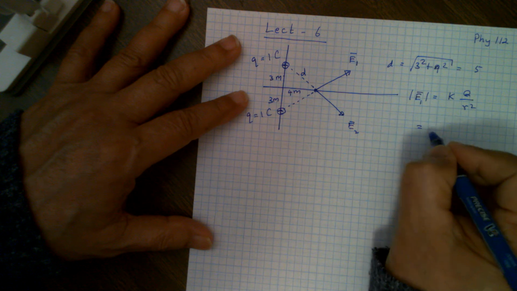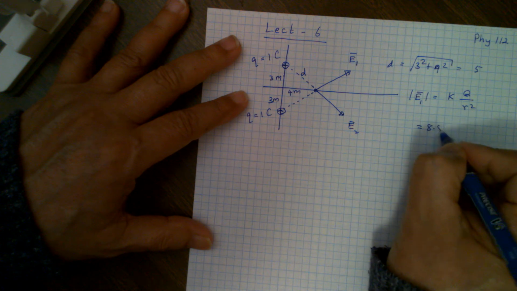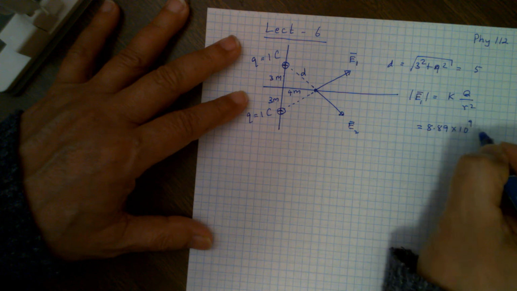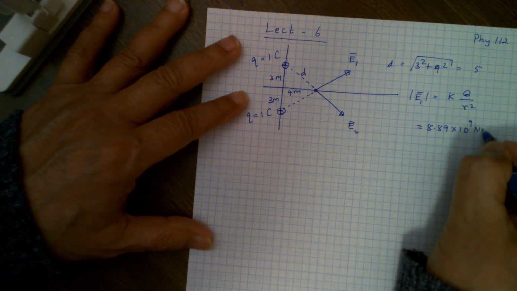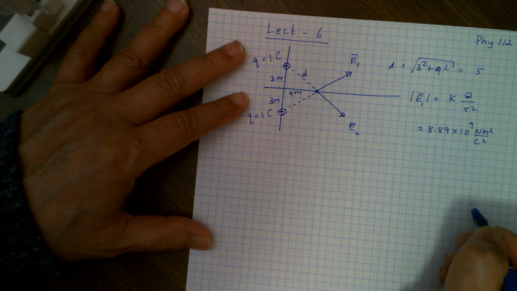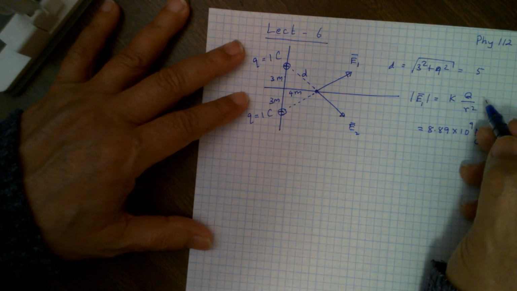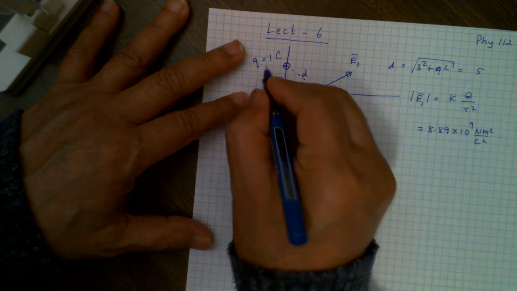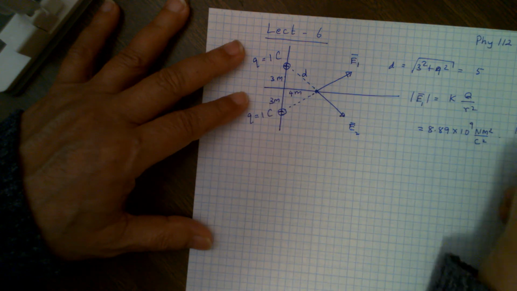And K is what? 8.89 times 10 to the power 9 Newton meter squared per coulomb squared. And Q is 1 coulomb, so it's easy.